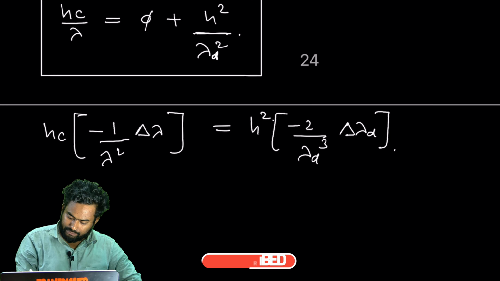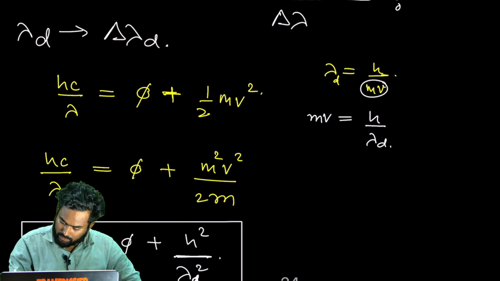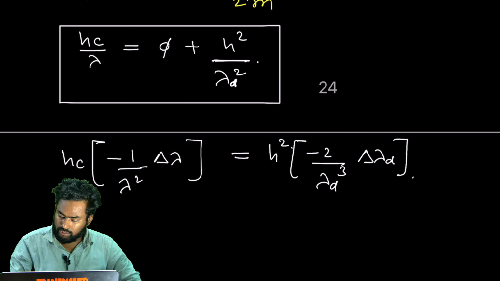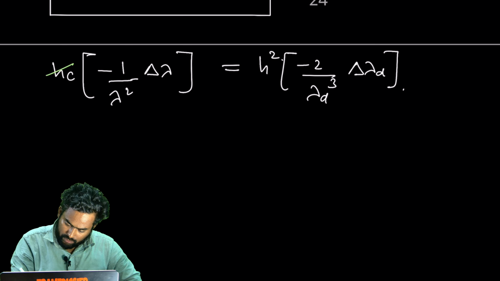Okay, so now they are asking what? Delta lambda d by delta lambda. This is what we need. Now the question is clear. h, one time, will get cancelled.